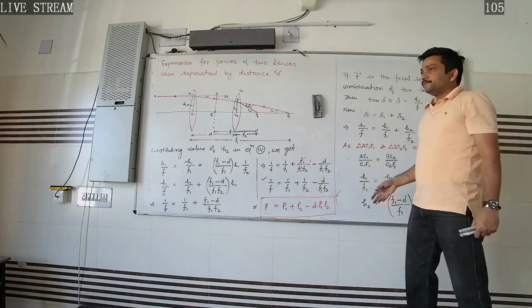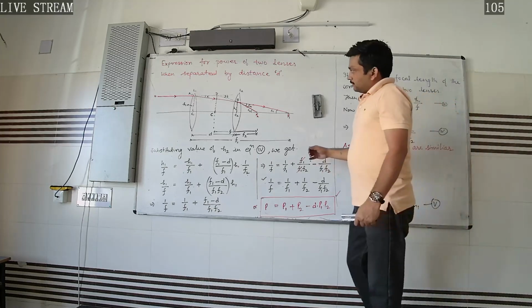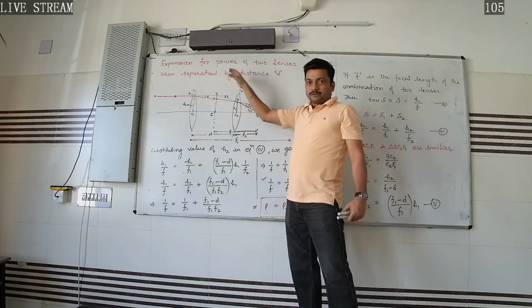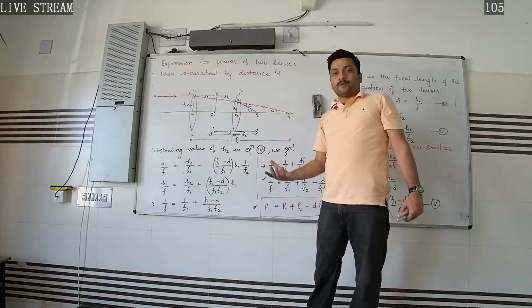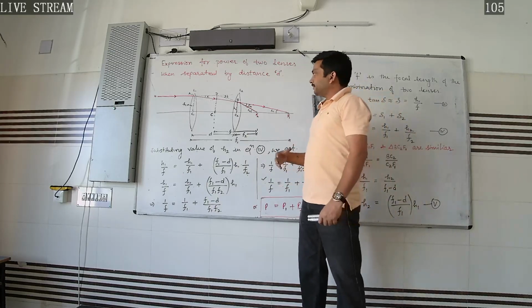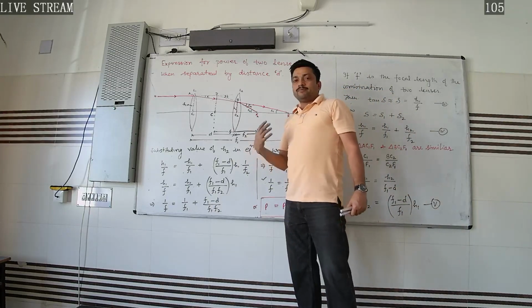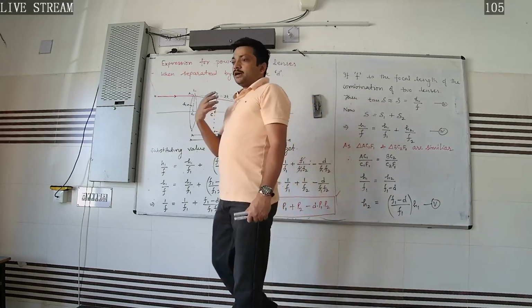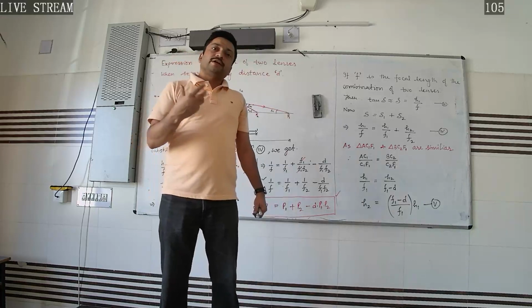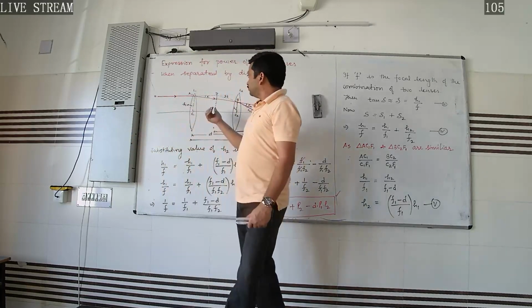Again I am repeating here. Power: the reciprocal of the focal length of the lens is called power. Or we have defined it as the tangent of the angle by which the rays of light converge or diverge after falling through this lens.